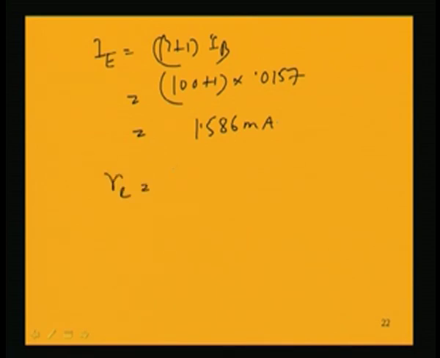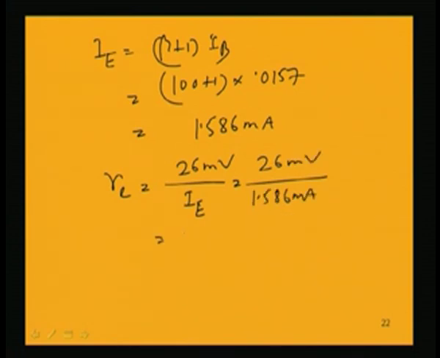It is equal to 26 millivolt by IE, 26 millivolt by 1.586 milliampere, and that comes to around 16.39 ohm. So, 16.39 ohm is the value of resistance re.